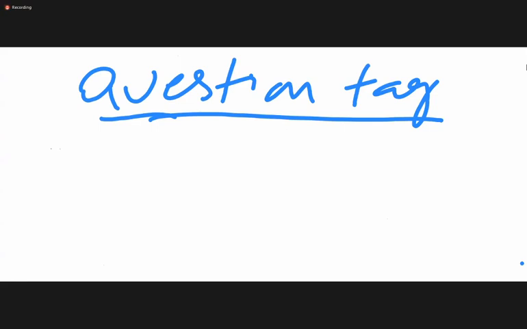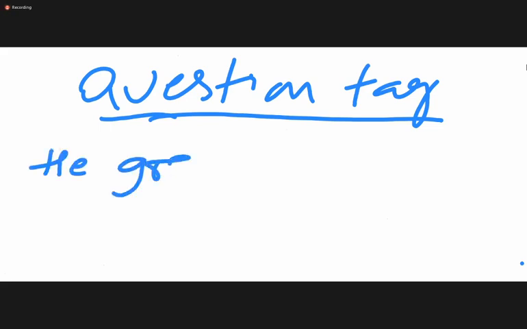But if the statement is in the simple present or simple past, as these 2 tenses do not have helping verbs, what helping verbs are used in the question tag? In case of simple present and simple past, do forms are used. I have already told you.